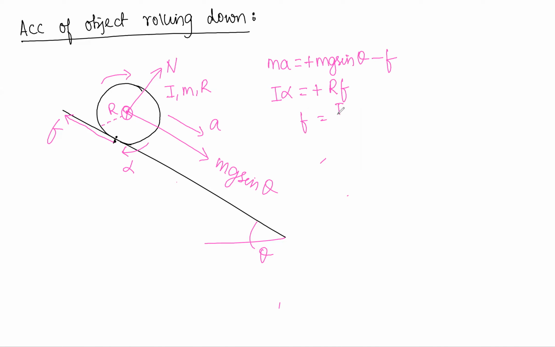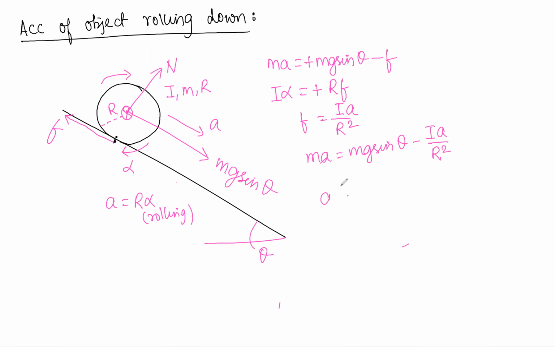Now, because you've seen it in the last class, you know how to solve this. So f is equal to I divided by r into alpha. We still need a relation between a and alpha. Because this object is rolling, we can write a is equal to r alpha, so alpha is equal to a divided by r. Here in place of alpha you can write a by r, so f becomes I a divided by r square. Put it over there: ma is equal to mg sin theta minus f, which is equal to I a divided by r square.